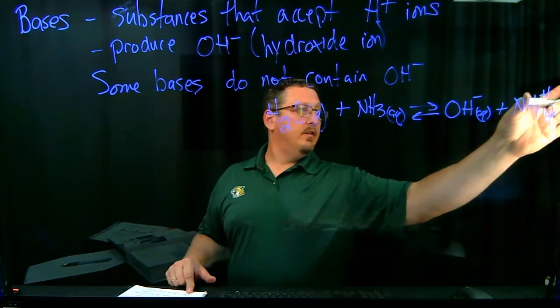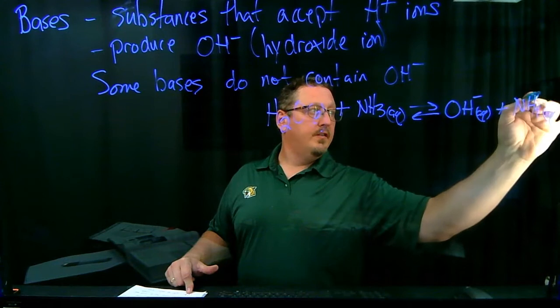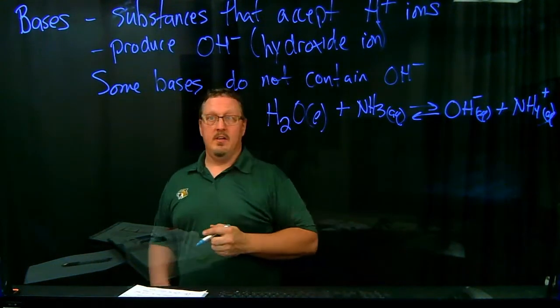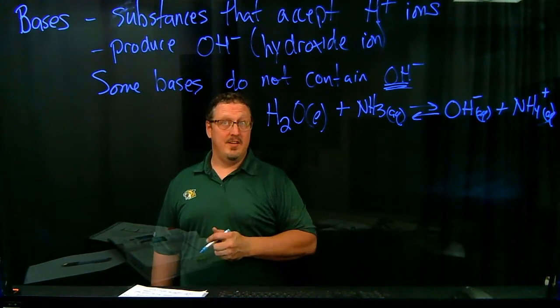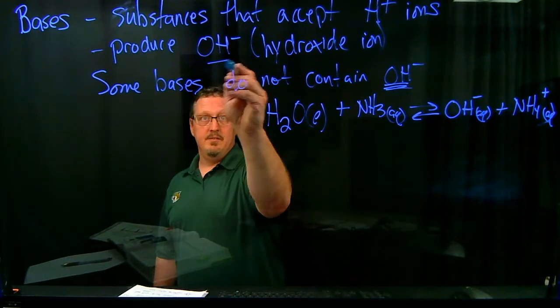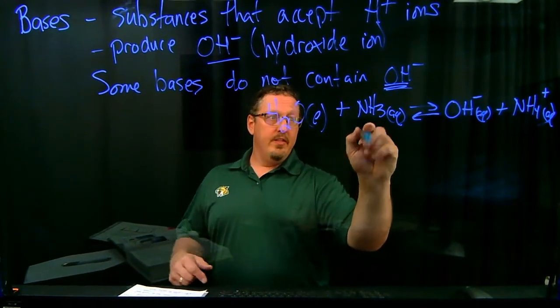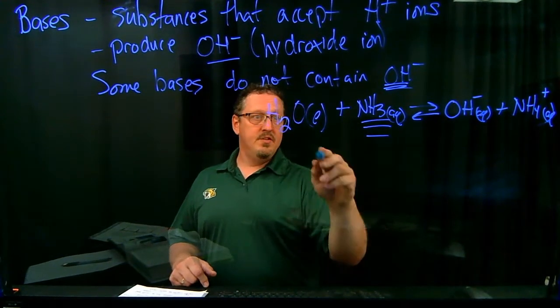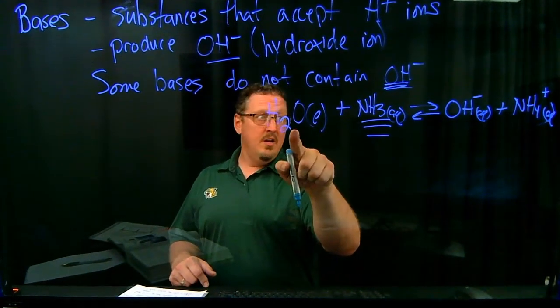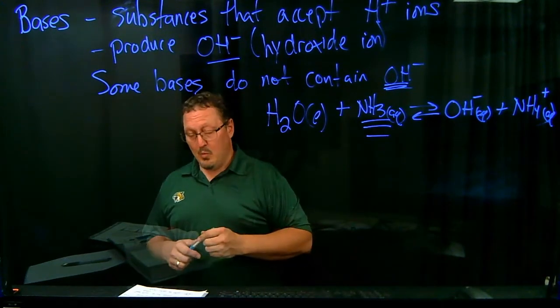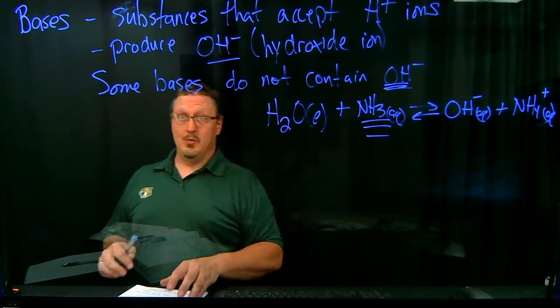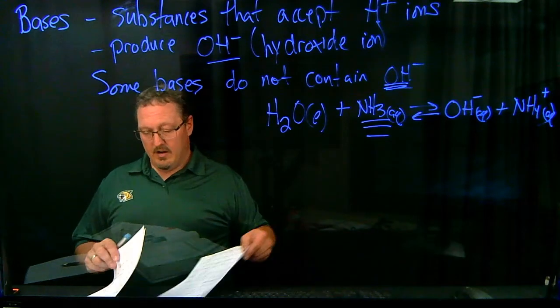Bases don't have to necessarily contain hydroxide, but they do make hydroxide in a reaction, and that's what happens here. The NH3 goes after a hydrogen, steals it from the water, and leaves behind a hydroxide ion.